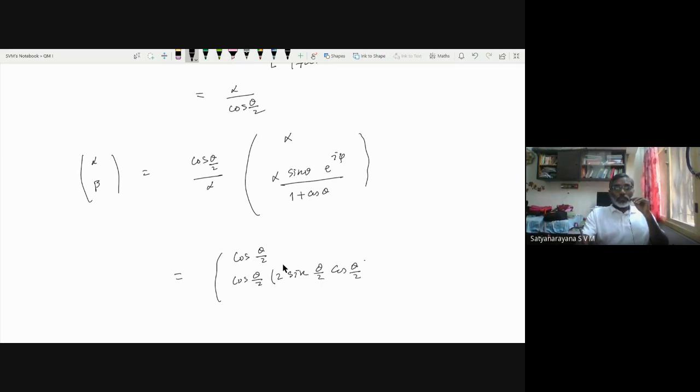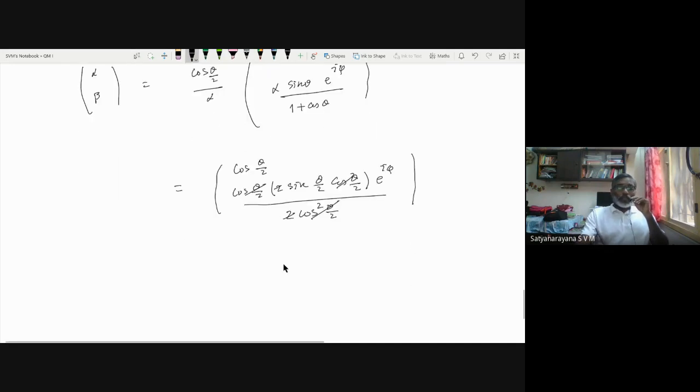Cos theta by 2 into e to the I phi divided by 1 plus cos theta. I will write it as 2 cos square theta by 2. Correct? So 2, 2 will cancel. This cos square theta by 2 will cancel with this cos square theta by 2. So what we have is cos theta by 2 into sin theta by 2 into e to the power I phi.